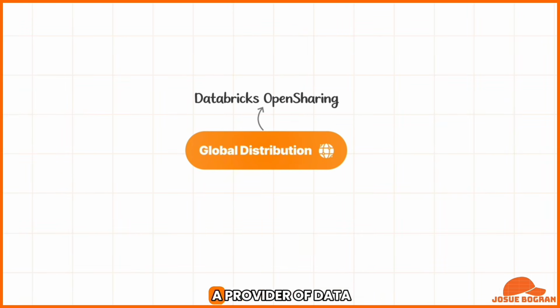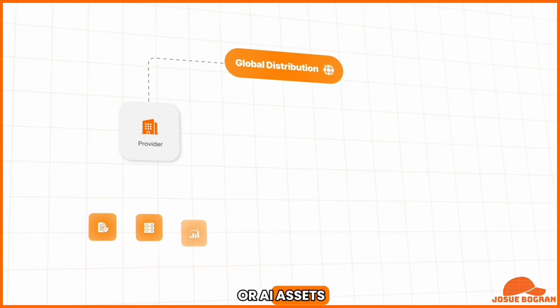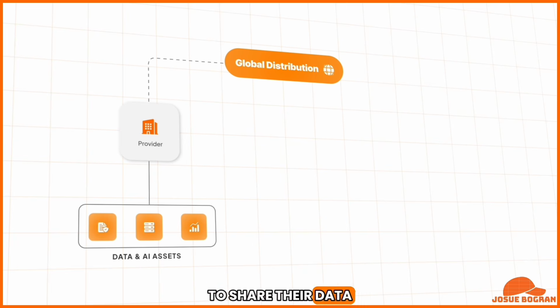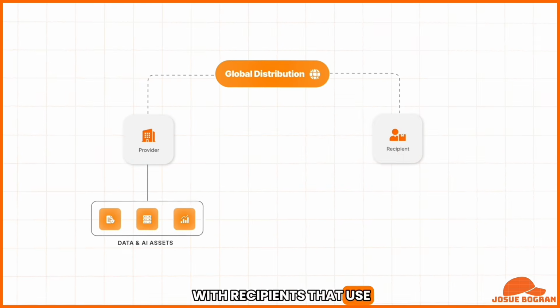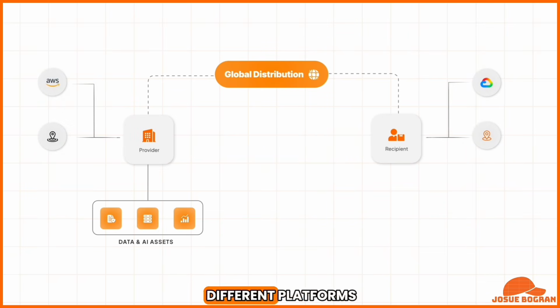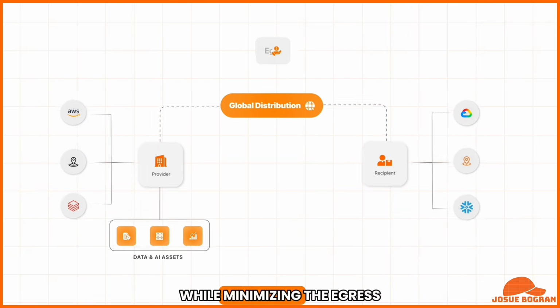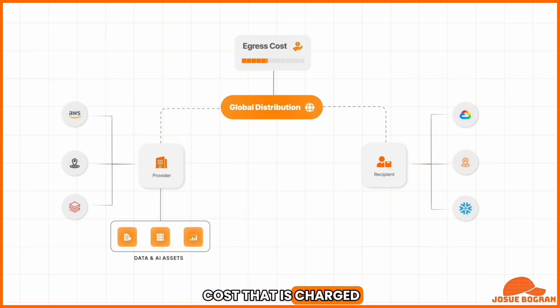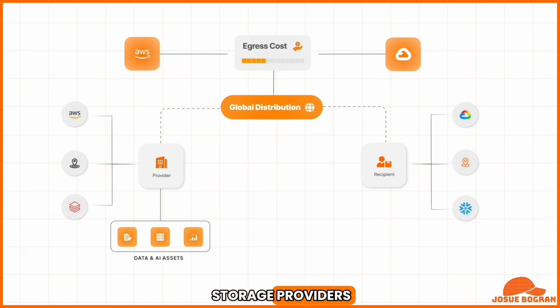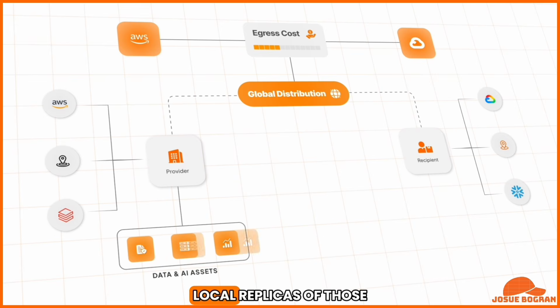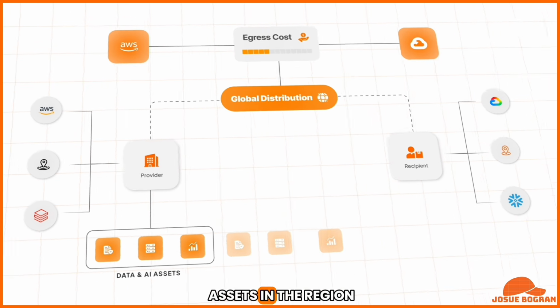It allows a provider of data or AI assets to share their data with recipients that use different clouds, different regions, and even different platforms while minimizing the egress cost that is charged by the underlying cloud storage providers. To do so, the egress cost is optimized by creating local replicas of those assets in the region of the recipient.